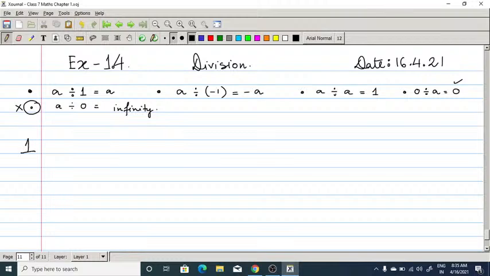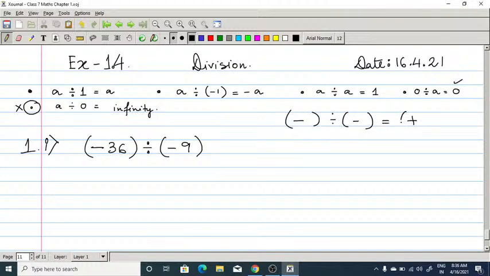Let us start with question number 1, subpart 1. This is very simple. Minus 36 divided by minus 9. Here again you have to use the same rule: a negative number divided by a negative number is positive.